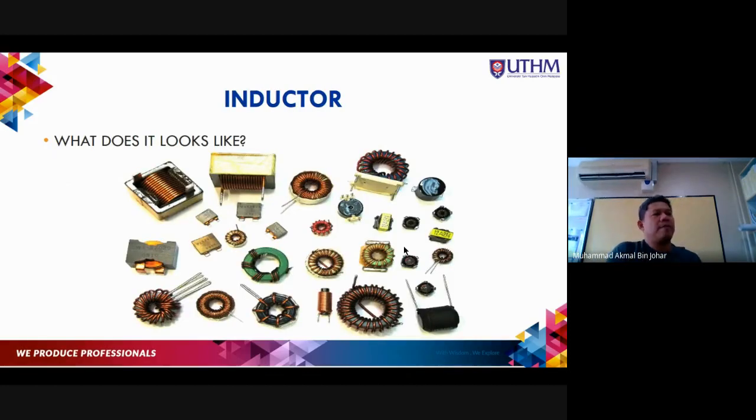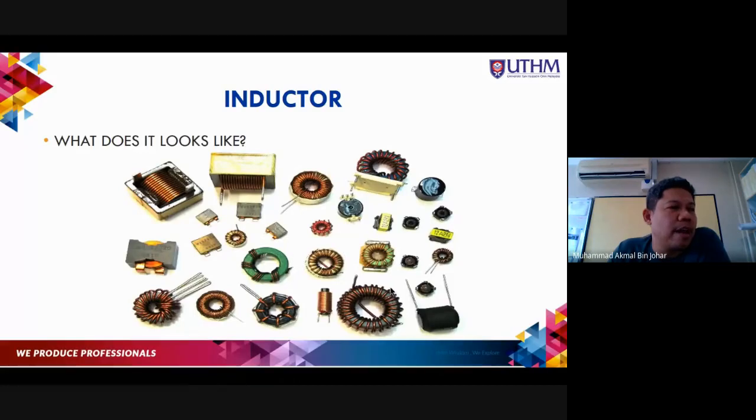So how does it look? It looks like this. Okay, so an inductor is a coil, and it can be in a circular form like this, or in a square form like this. As you can see here, all the inductors have circular coils.